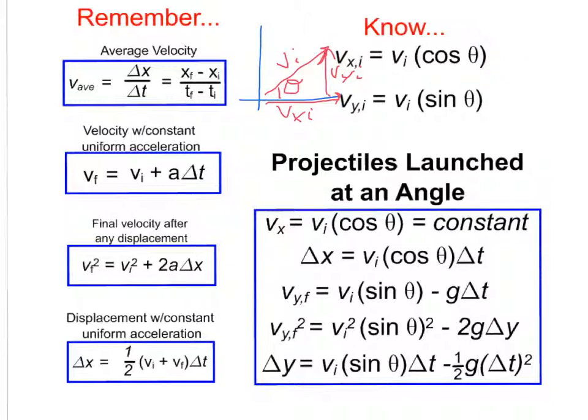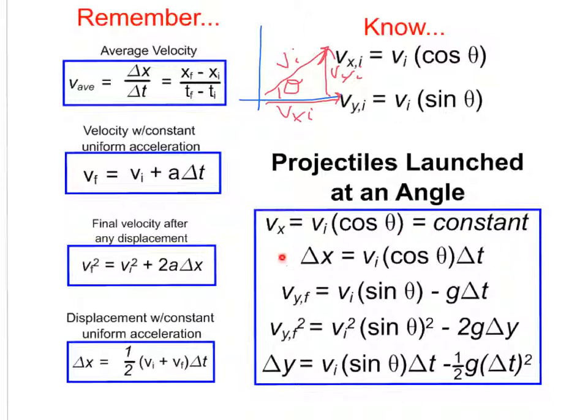See if I can quickly go through where some of these came from. We know that our horizontal velocity is a constant, the same as the initial horizontal velocity. Our initial horizontal velocity is going to be equal to the initial velocity times the cosine of theta. So that's just what was written right here.